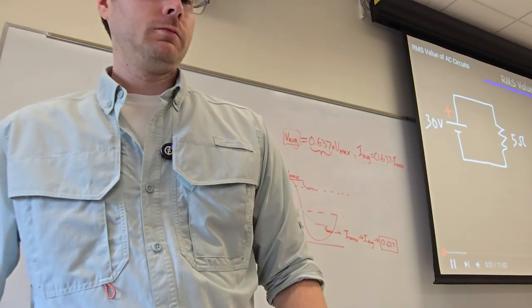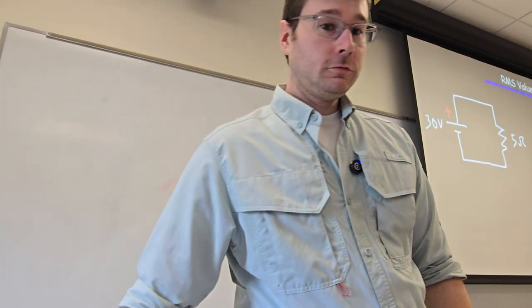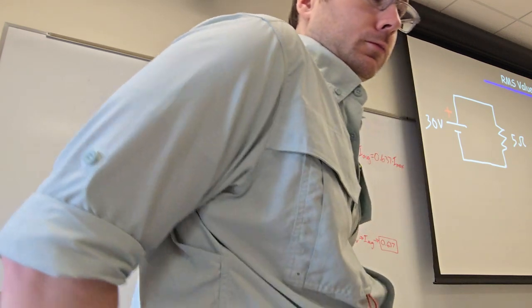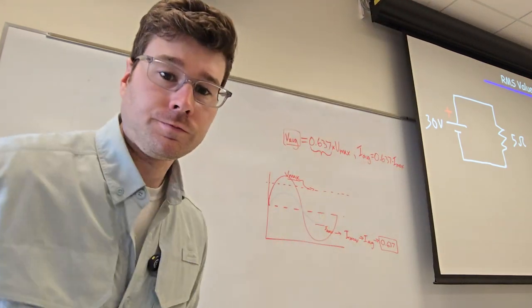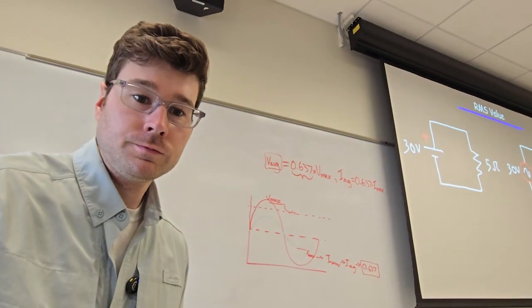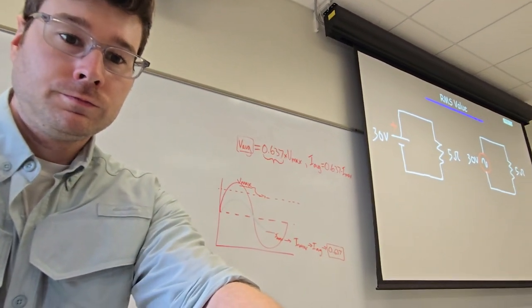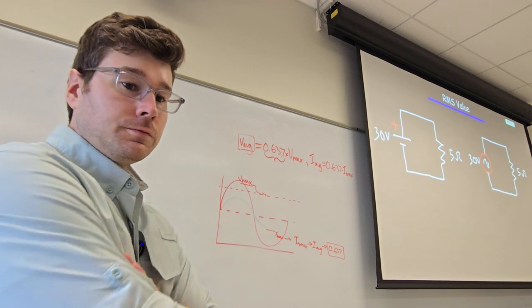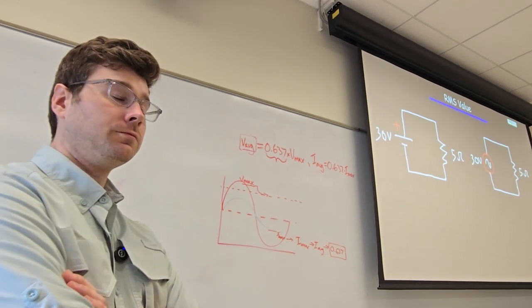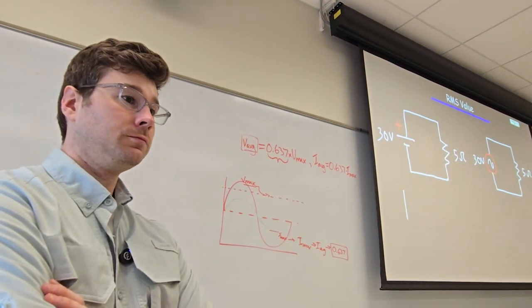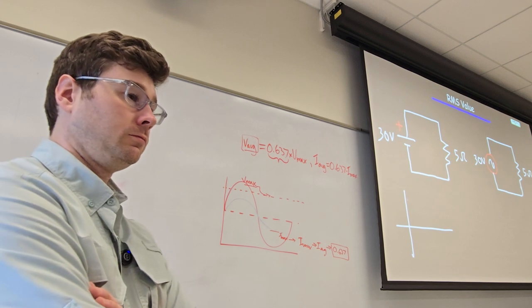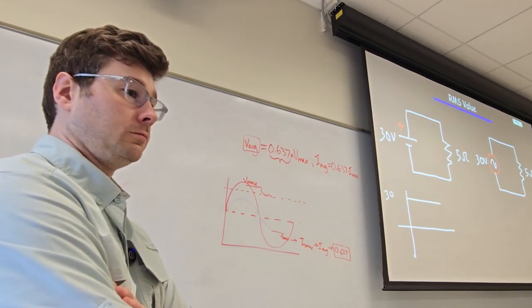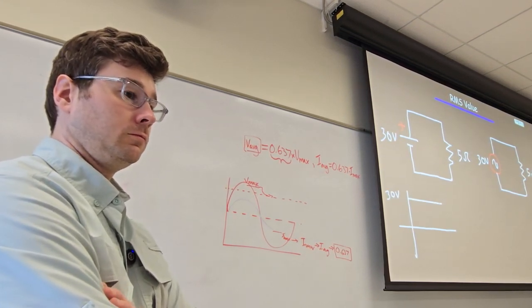Video, we're going to talk about RMS value of AC circuits. RMS stands for root mean squared. And when dealing with AC circuits, it tells you the average power dissipation that would be equivalent in a DC circuit. So on the left, we have a 30 volt DC power source applied across a resistor.